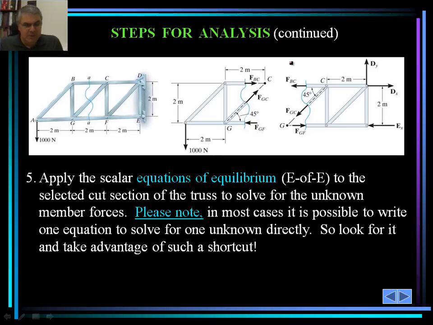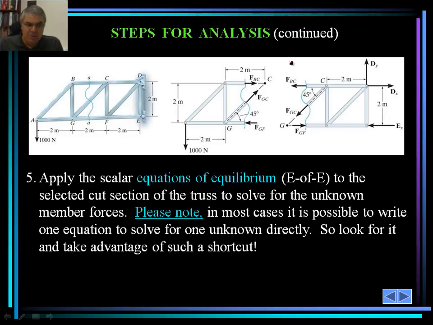Then we would apply the scalar equations of equilibrium, E of E. We've been using that symbol throughout, E of E, equations of equilibrium, to the selected cut section of the truss to solve for the unknown forces. Remember that in most cases it is possible to write one equation to solve for one unknown directly.